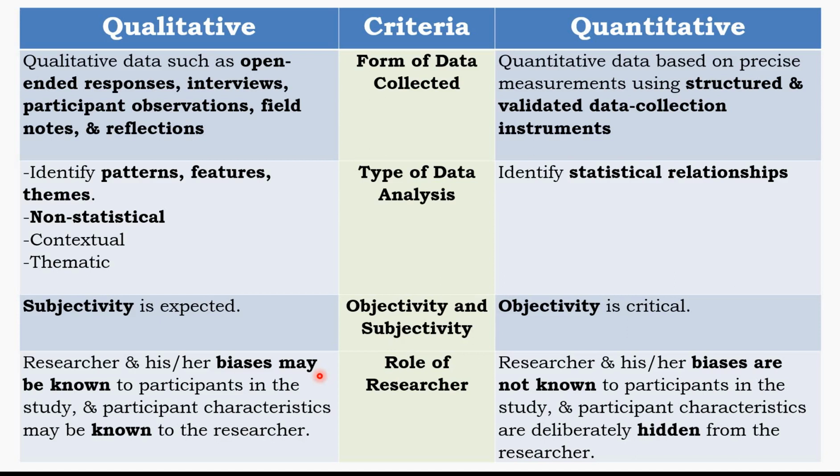The biases may be known to participants in the study, and participant characteristics may be known to the researcher. However, if you conduct quantitative research, the researcher and his/her biases are not known to participants in the study, and participant characteristics are deliberately hidden from the researcher.